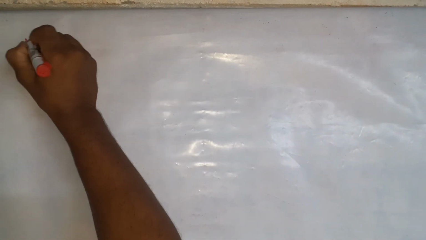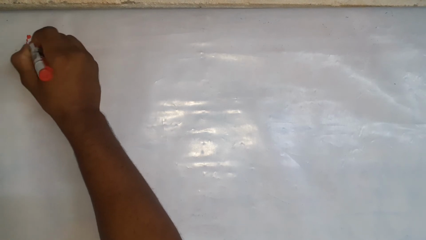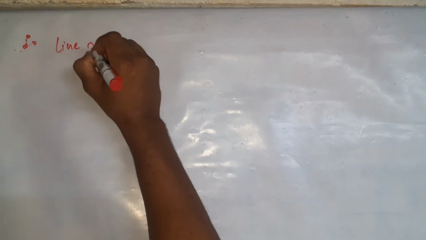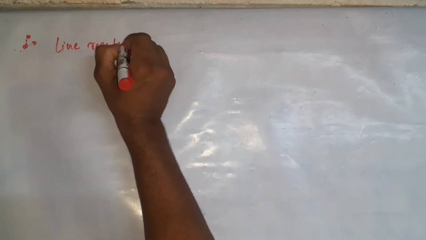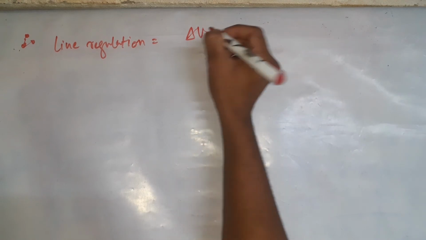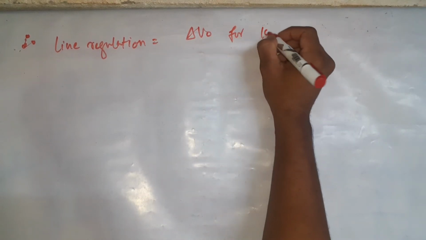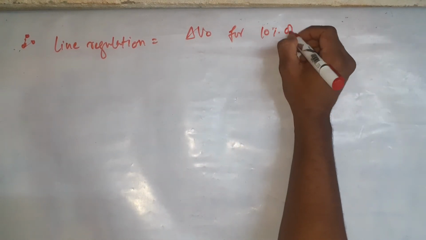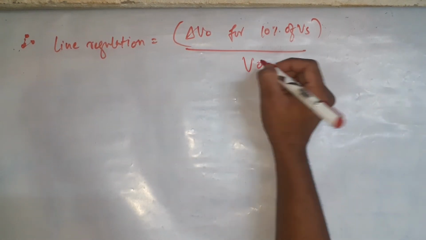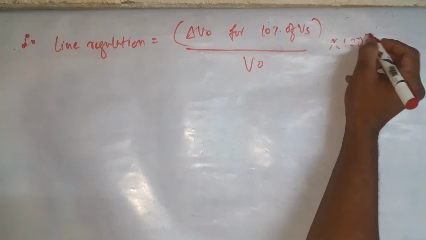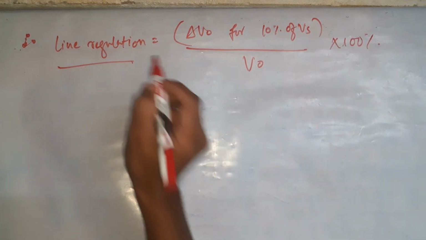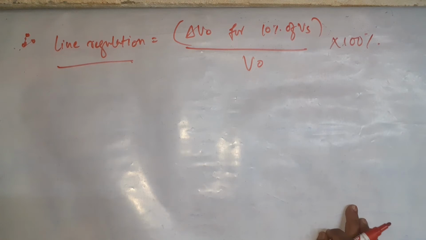Therefore, from the above equation, I can write line regulation equal to change in V0 for every 10% change in Vs, divided by V0, into 100. This will give you line regulation in percentage. This is how you get line regulation.